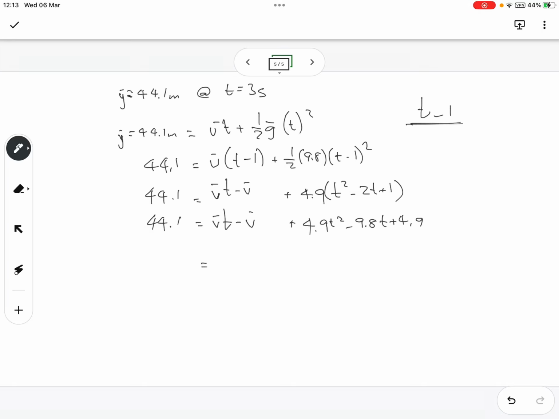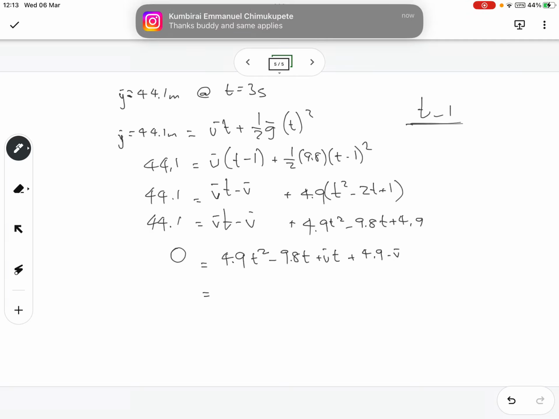I want to group like terms, so we'll have 0 is 4.9t squared minus 9.8t plus vt, and then plus 4.9 minus v.